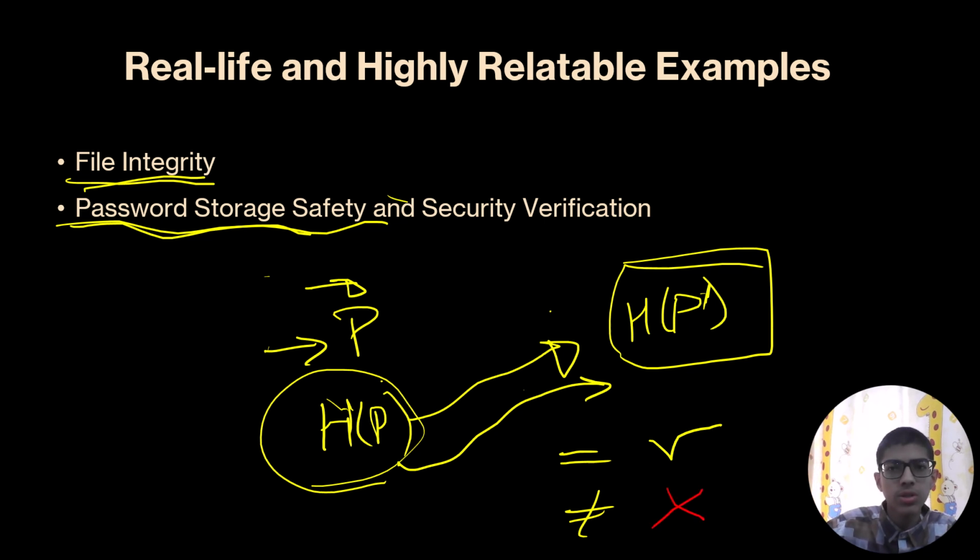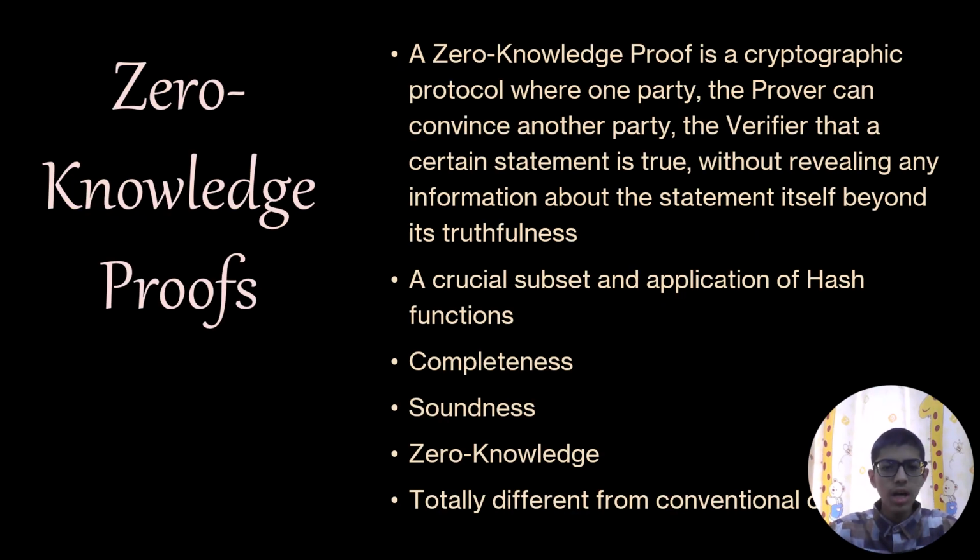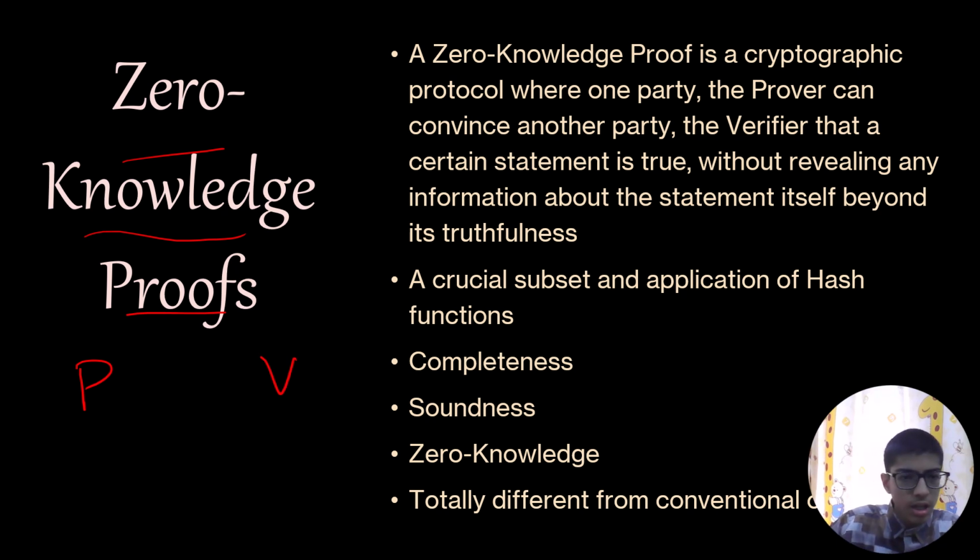Now let's move on to zero knowledge proofs. I will try to complete it in short due to the time constraint, but it's very interesting. In zero knowledge proofs, a prover tries to convince the verifier. The prover knows the information and the verifier does not.